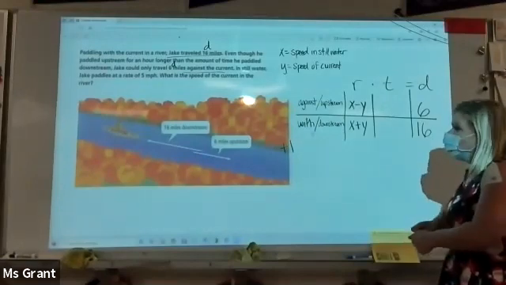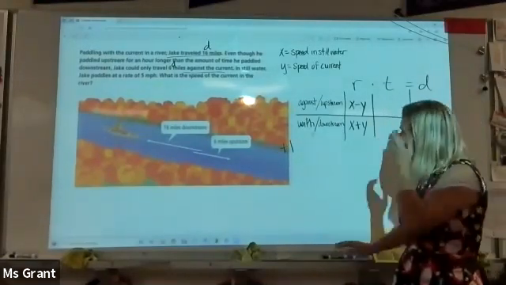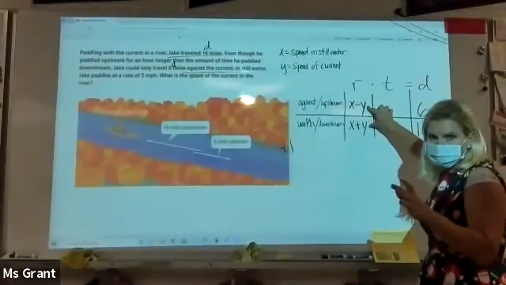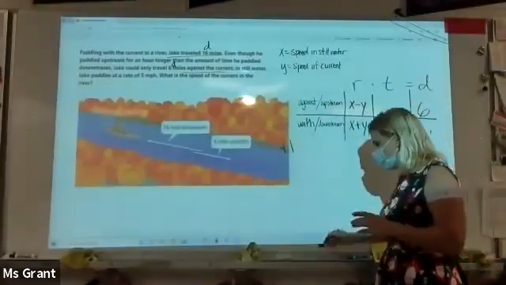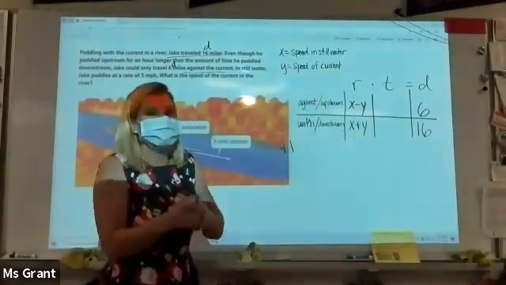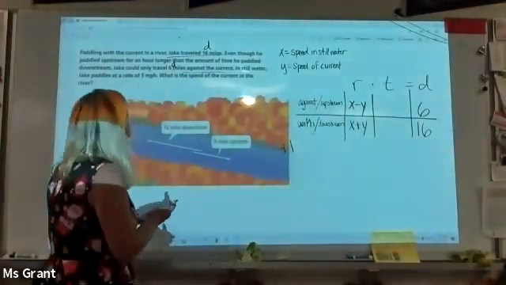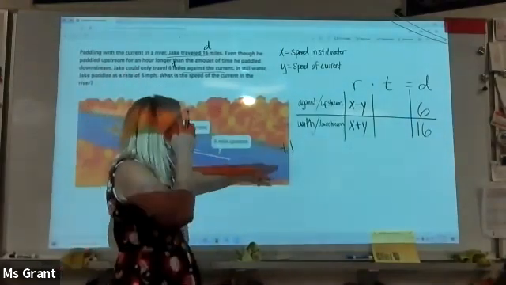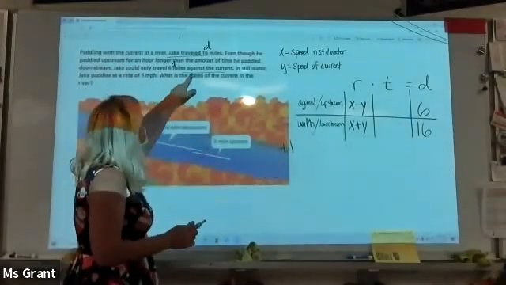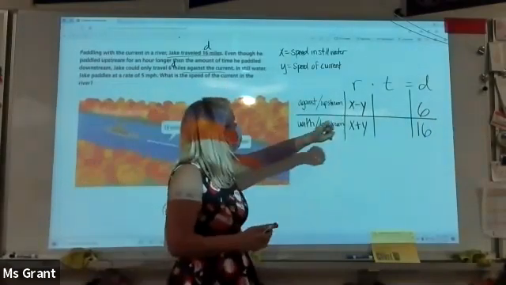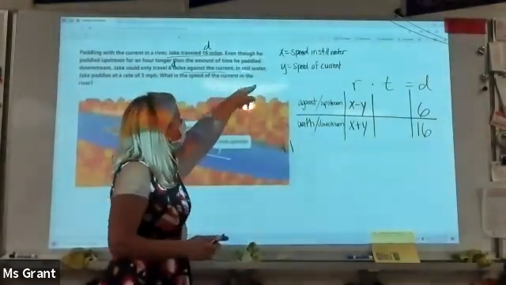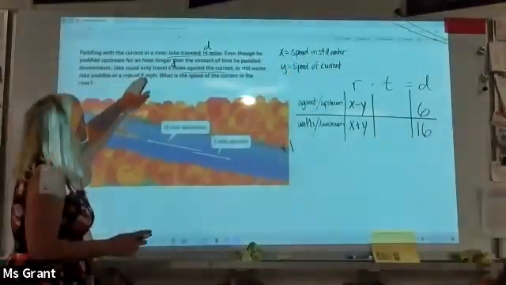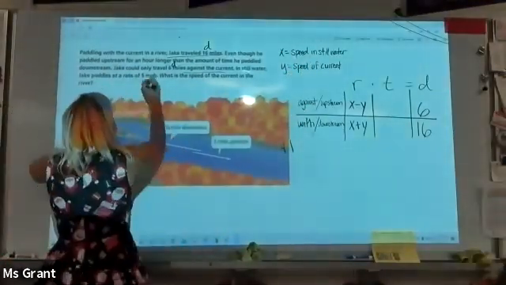So now what I need to do is go through, and, well, this is important, I need you to remember how I got those. Let's see if there's anything I haven't looked at in the word problem. 1 hour longer, I have to keep that in mind. 6 miles against the current, I got that, 6. In still water, X. Jake paddles at a rate of 5 miles per hour.